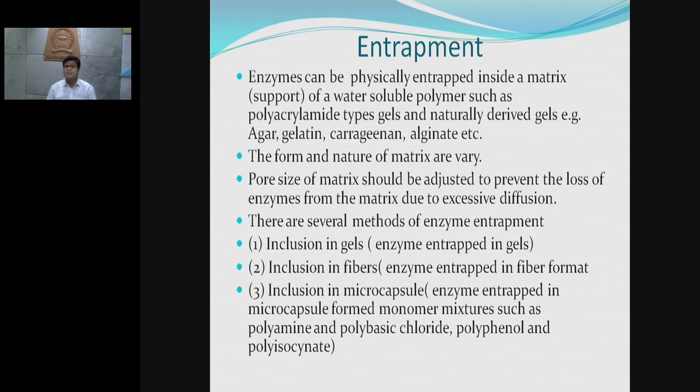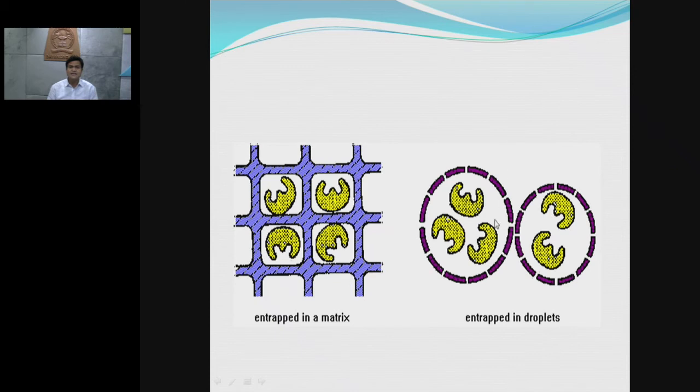So there are several methods of entrapment: inclusion in gels, inclusion in fibers, inclusion in microcapsules. You can see here enzymes are entrapped in a matrix, that is inclusion in a gel, and entrapped in a droplet. So the enzyme is in a capsule. Here is a picture of enzyme molecules, covered by a particular material, that is nothing but a polymer.